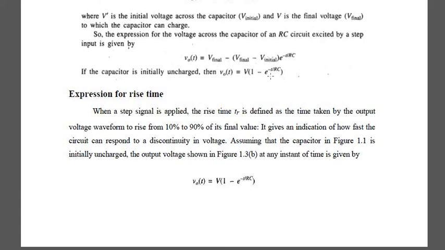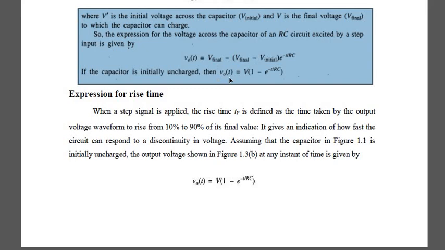If the capacitor is initially uncharged, this is the output equation for the step voltage input. So the output equation for a low pass RC circuit when your step input is given is V naught of t equals V of 1 minus e to the power of minus t by RC. This is how you get the expression for the output voltage when a step input is given.